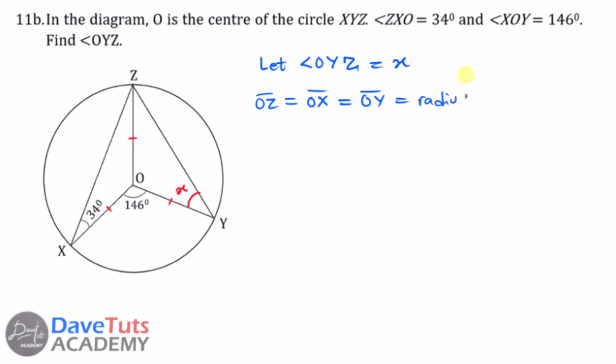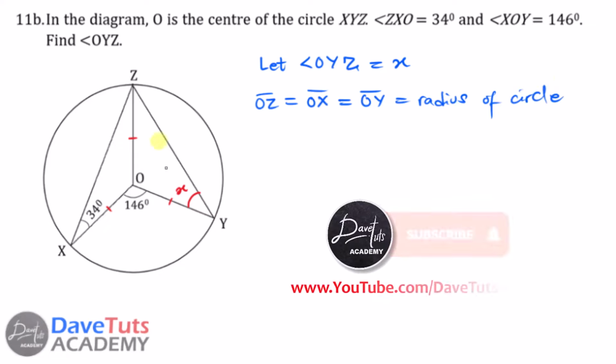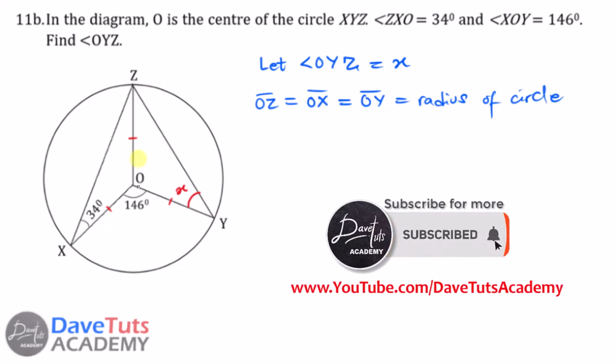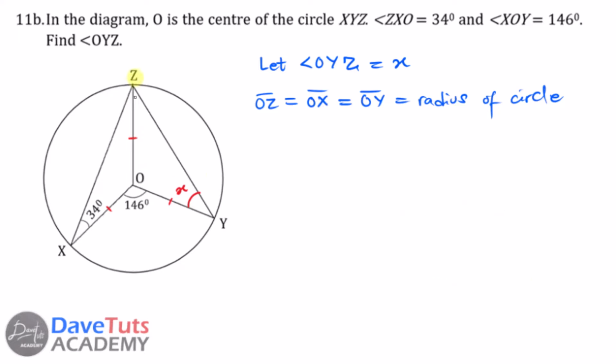If that is the case, that means triangle OZY is an isosceles triangle. You can see this is one side of the triangle, this is another side, and in that case, this particular angle is also going to be X. So furthermore, angle OYZ, which we are looking for, is the same as angle OZY, and that is also X.